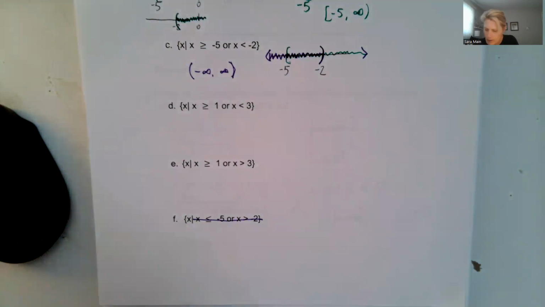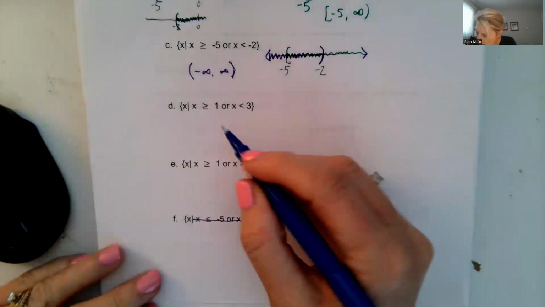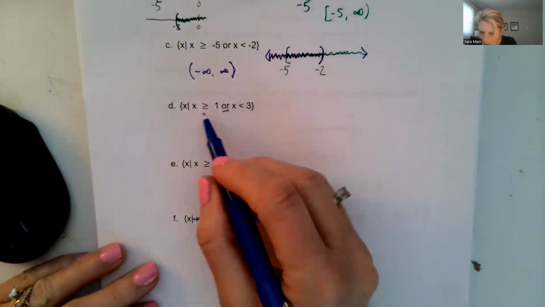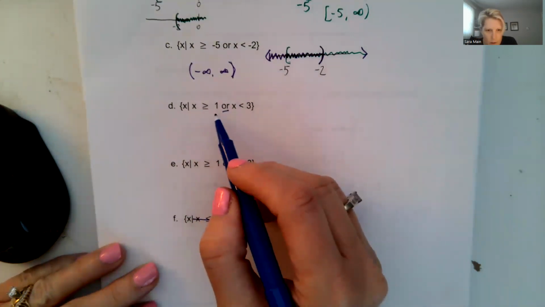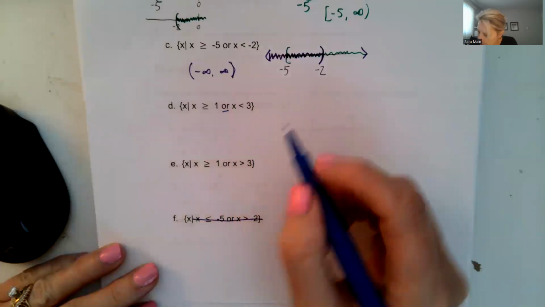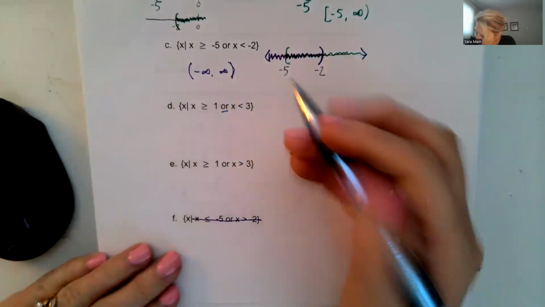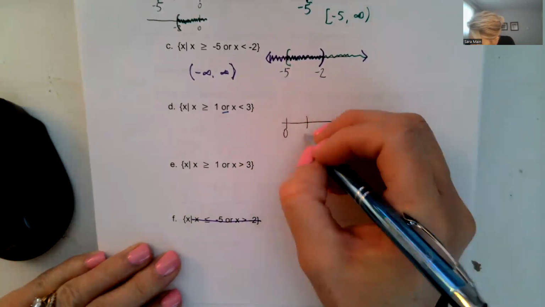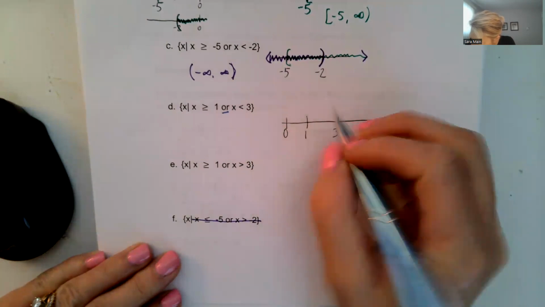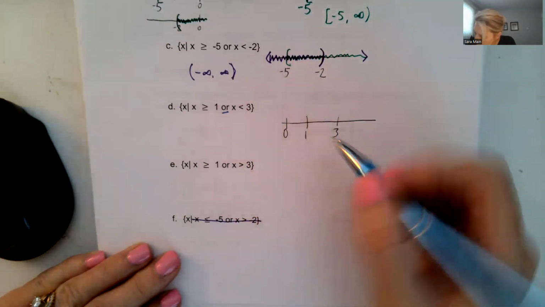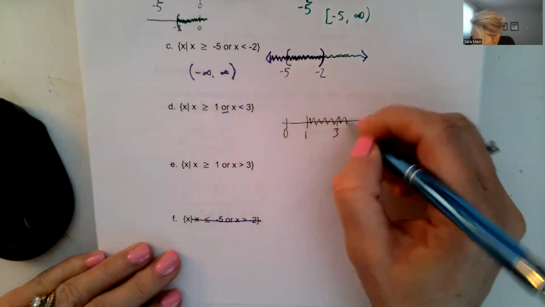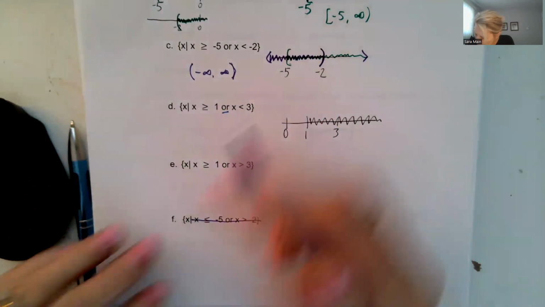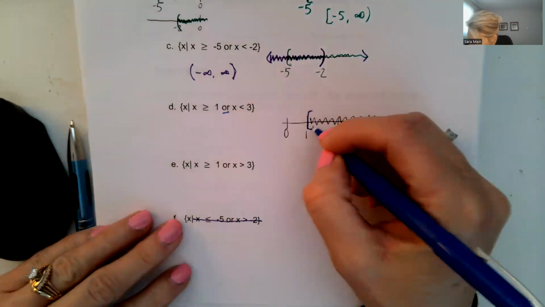And there were a couple on this page, D and E, that I wanted to show you. So we want to look at this OR situation, when X is greater than or equal to 1 or X is greater than 3. So if we were to draw the number line, here's 0, 1, 3, because we're shading everything this way for 1, because it's greater than or equal to 1.